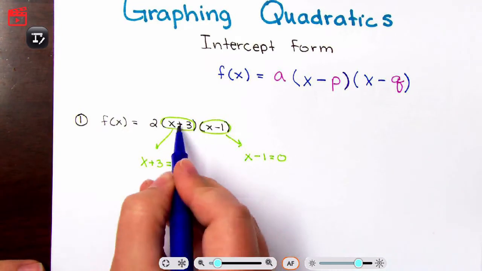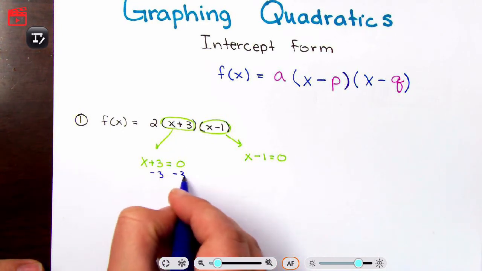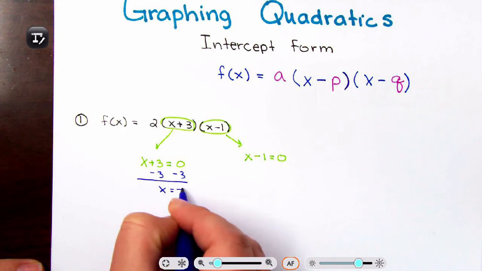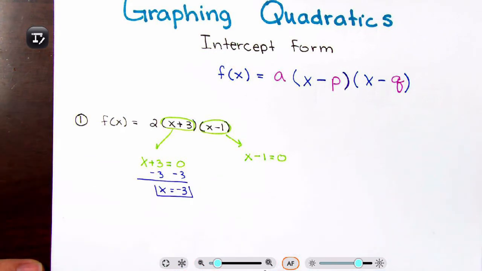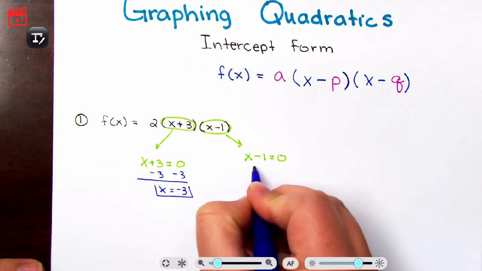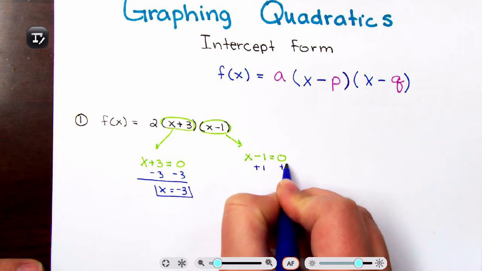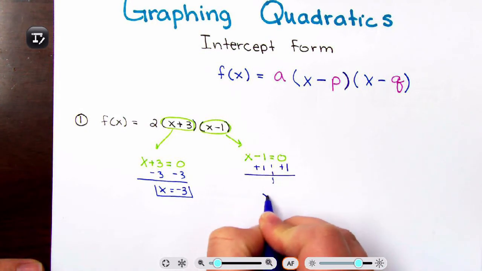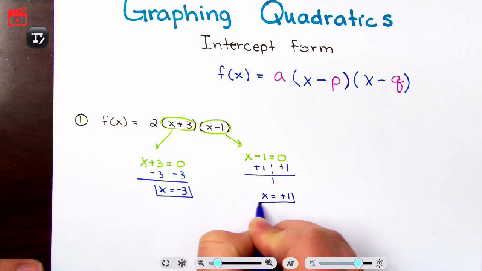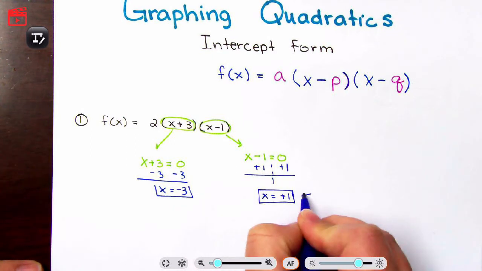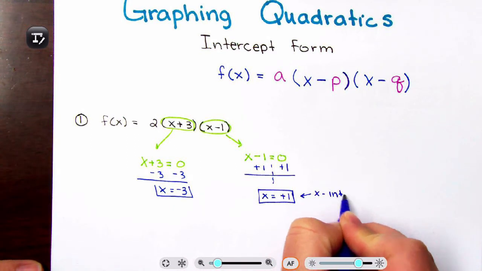So if I see a +3, your x value is going to be opposite that, which is going to give you a -3. If you see a -1, when you solve it, it's going to give you a +1. Now these are your x-intercepts.